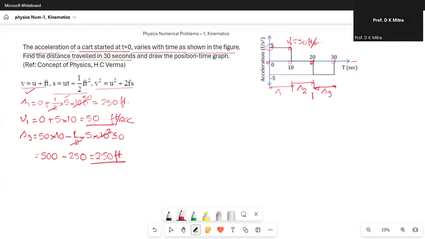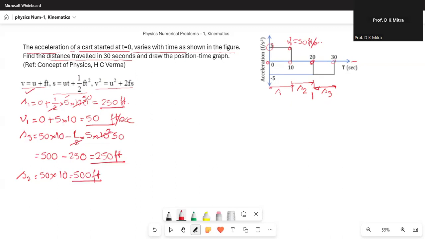So the three distances traveled: S1 is 250 feet. S2 is equal to 50 feet per second multiplied by 10 seconds, equal to 500 feet.